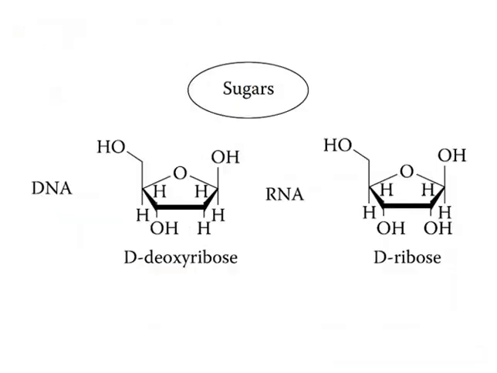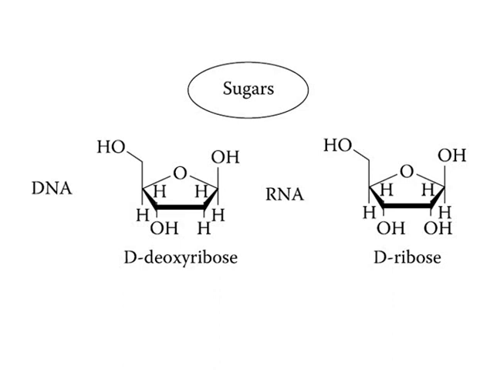The fundamental difference is the sugars, D-ribose and deoxyribose. Deoxyribose is the sugar present in DNAs, and in RNAs the sugar is D-ribose. So different sugar, that is the first difference.